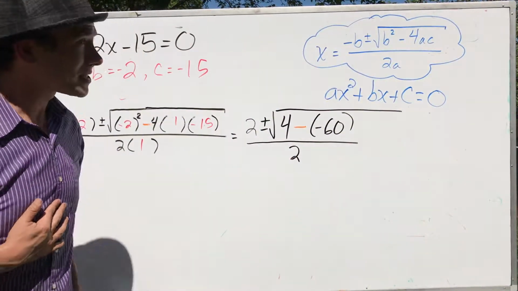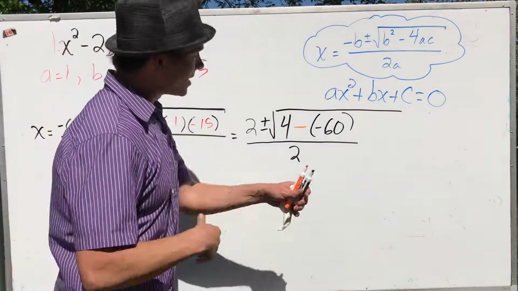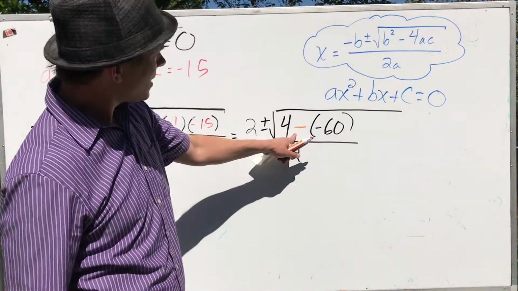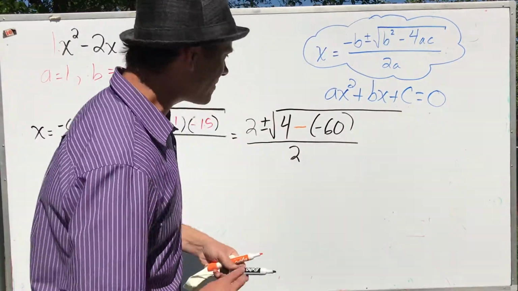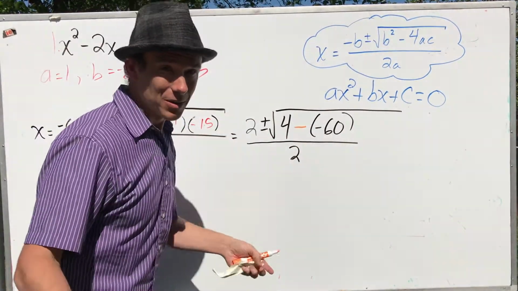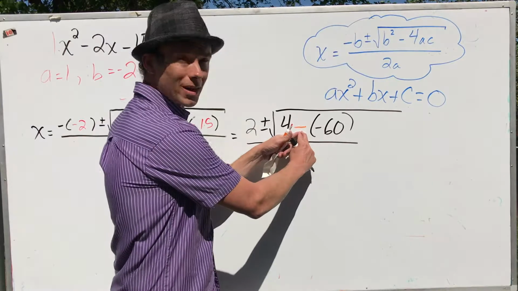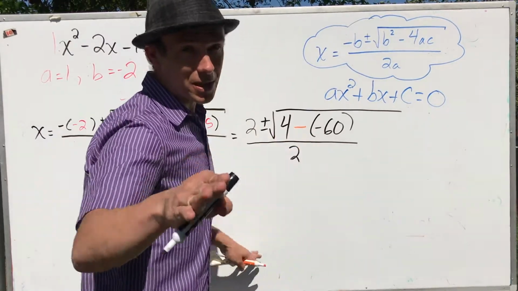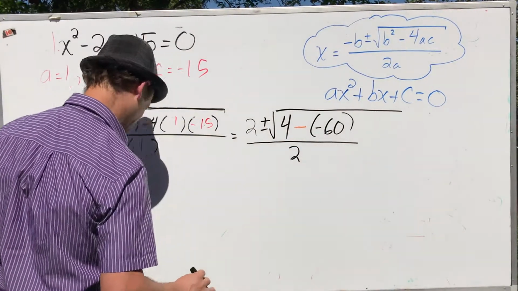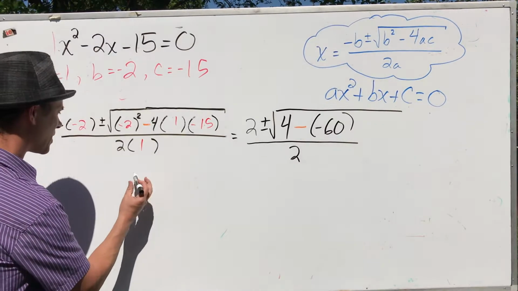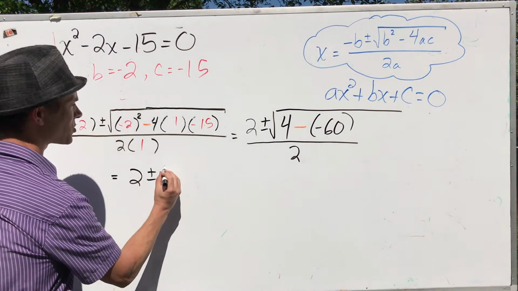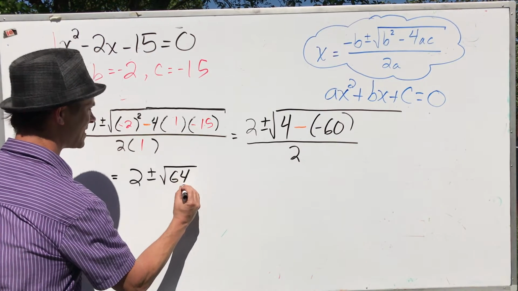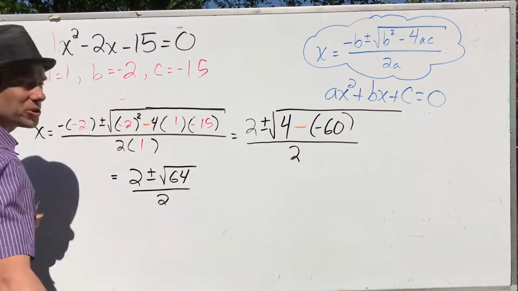All right, so let's keep this train going here. I got 4. I'm going to minus a negative. So you minus a negative, that's adding. Remember that anytime you take away negativity, you become more positive. Don't forget that. So let's go get it right down here. So that's going to be 2 plus or minus the square root of 64 over 2.